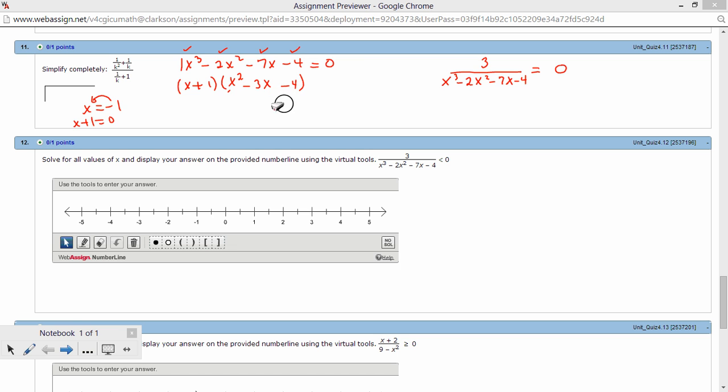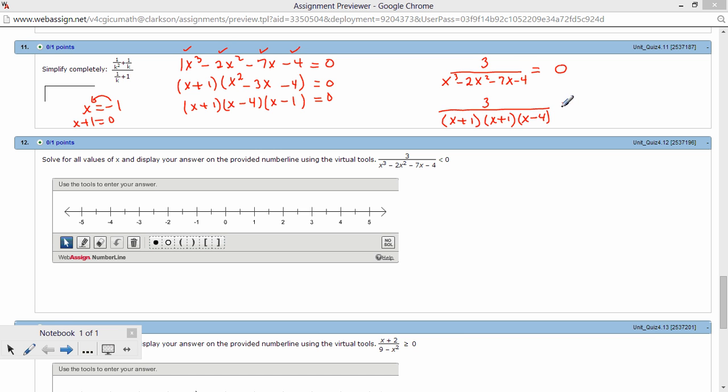Now, we're not quite finished there because this factors further. The x squared minus 3x minus 4 factors pretty easily. It's the stuff of high school elementary algebra. So it's going to be an x and an x, and we want a minus 4 and a minus 1. All right? So there's the factors of that expression. And so what we're saying is, if you factor this form into this form, you have x plus 1 times x plus 1, just rearranging these a little bit, and then x minus 4.